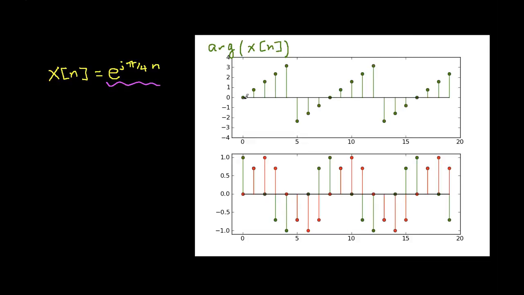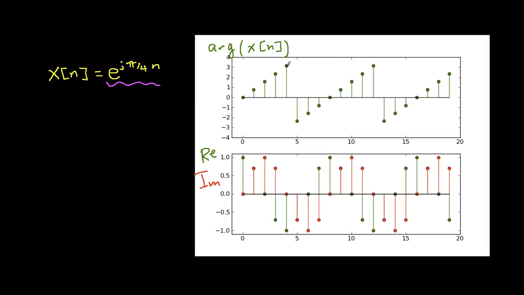What I've got here is the angle, which is sometimes called the argument. It's the angle associated with this complex number. It starts at 0, goes up to pi over 4, pi over 2, 3 pi over 4, and pi, and so on. Here I've graphed again the real part and the imaginary part of x of n. An angle of 0 corresponds to something that's completely real.